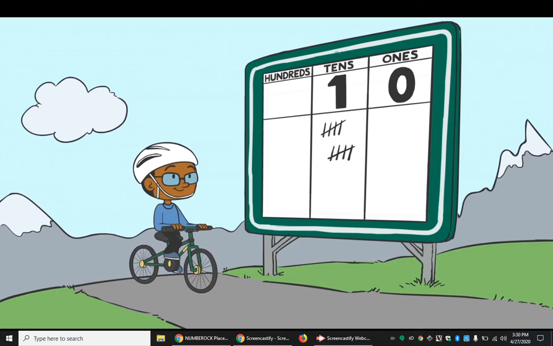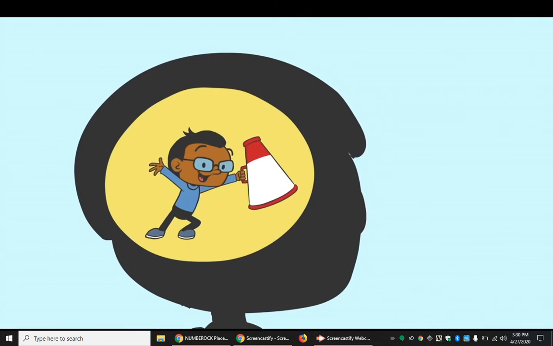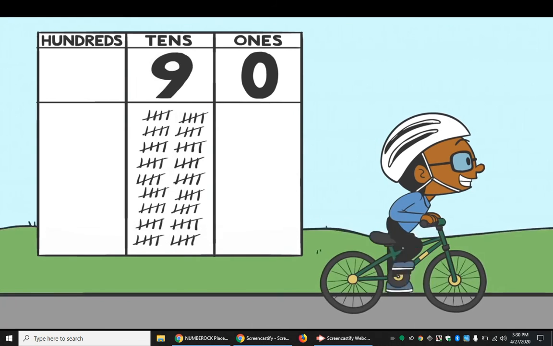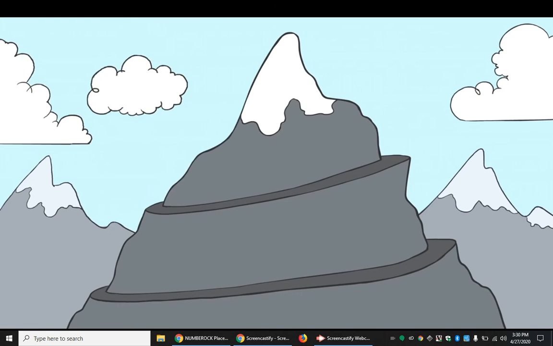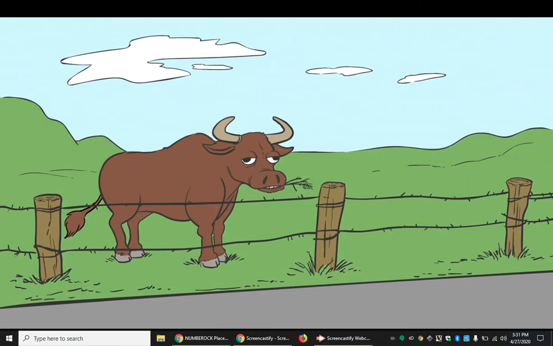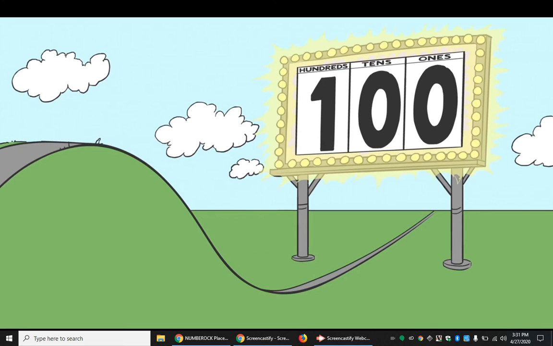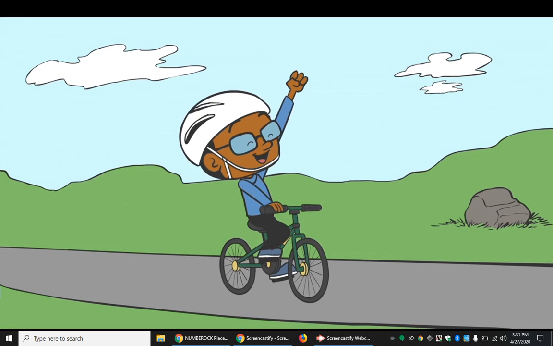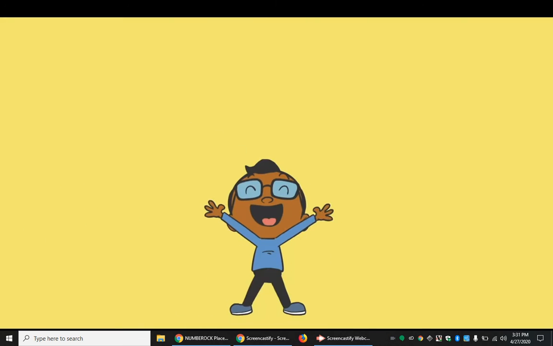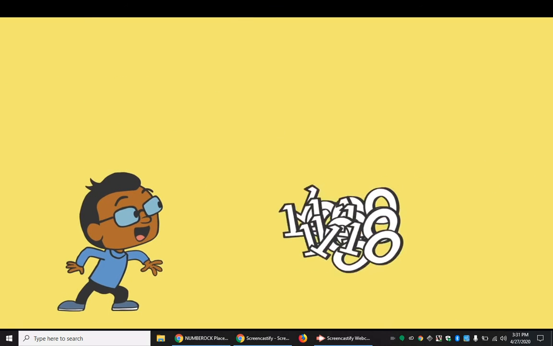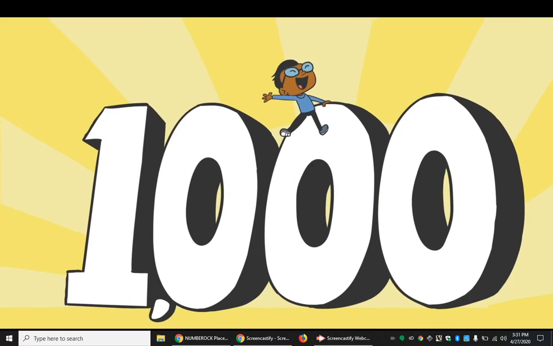A little voice inside my head said, keep going, I know you can. 20, 30, 40, 50, 60, 70, 80, 90. I never knew I had so many miles inside me. The end of my trip was coming up ahead. I rode 10 more miles and reached 100. Then that little voice inside my head said, 10 ones make 10. 10 groups of 10 are 100. 10 hundreds make 1,000.